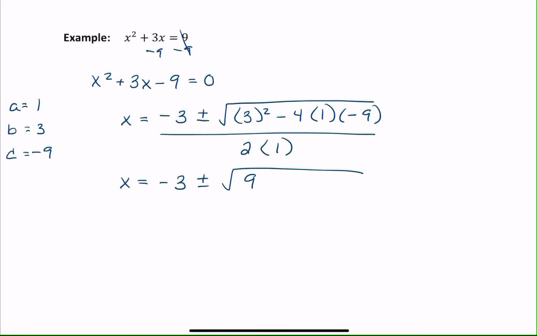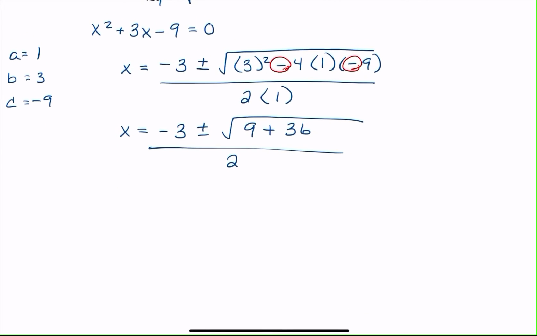The two negatives are going to give you a positive, and then you've got 4 times 9 is 36, all over 2. So you've got x equals negative 3 plus or minus the square root of 9 plus 36 is going to be 45 over 2.